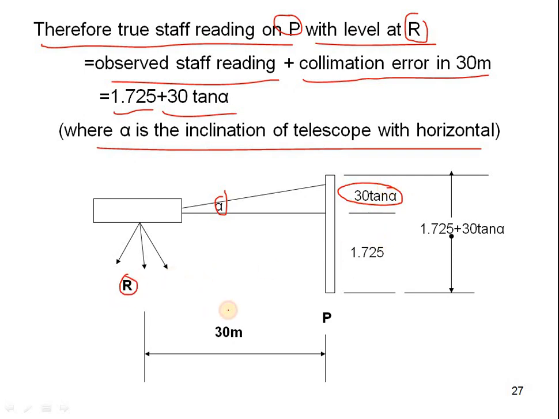From the station point R, the distance is 30 meters from R to P, and whatever we are getting is 1.725, so we write 1.725 plus 30 tan alpha to get the total height.